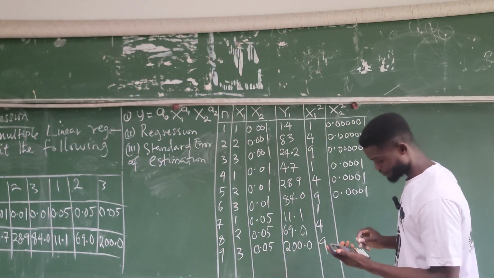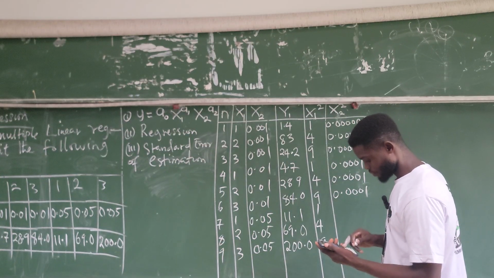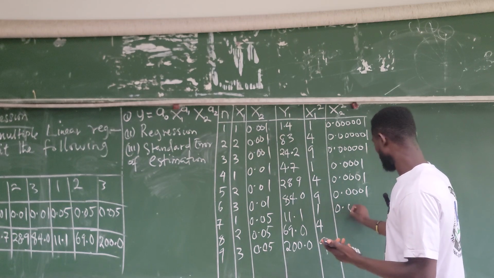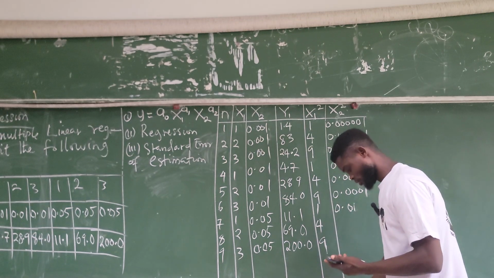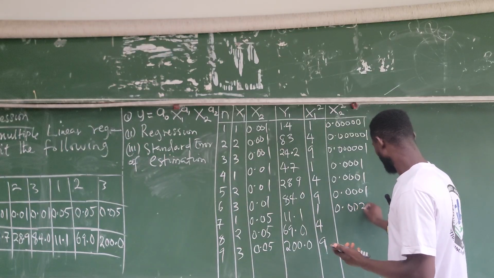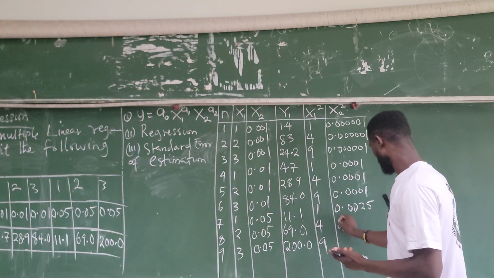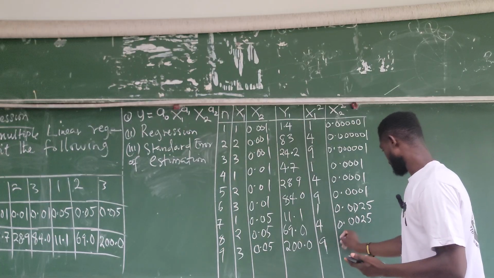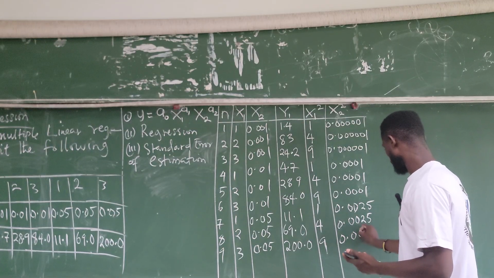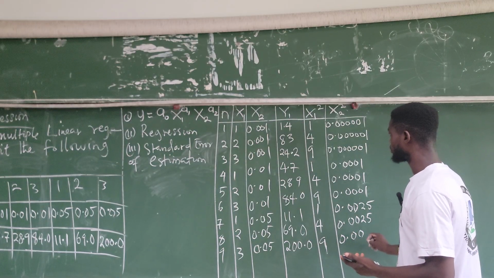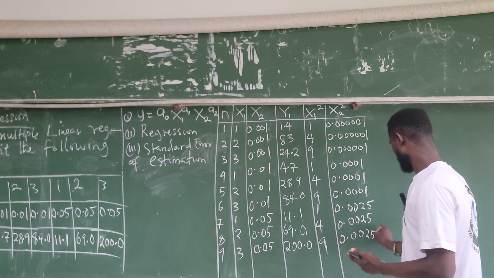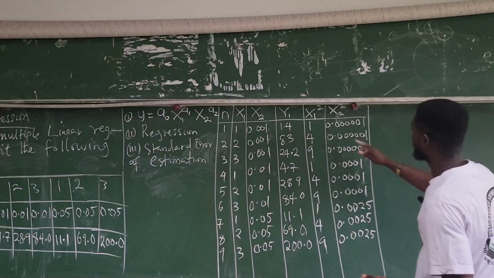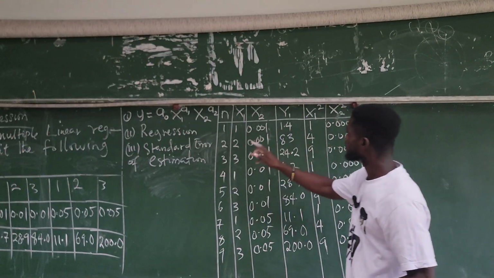That will give us 0.0025, 0.0025, and 0.0025. So that is for our x2 squared.